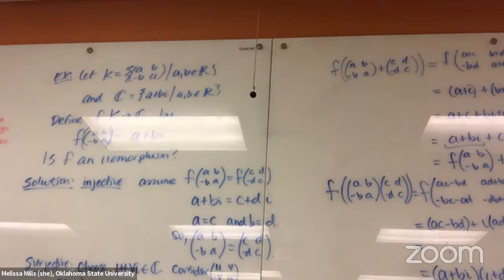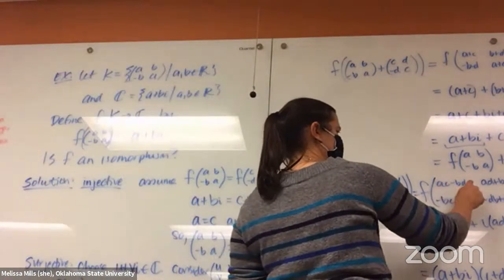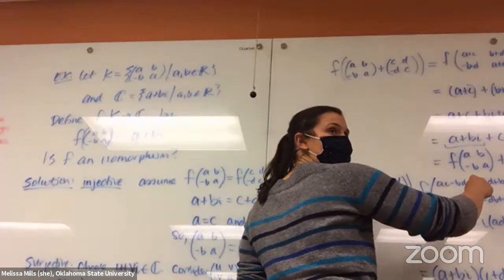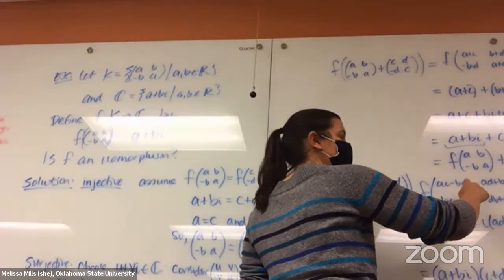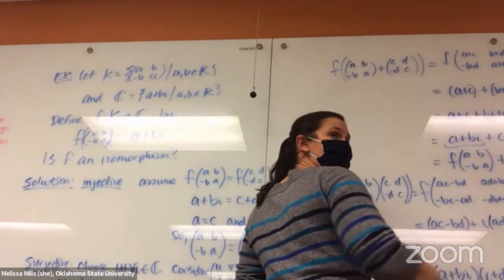Right. Yeah, I think that's a good question. I think what will happen is if you change the orders, it'll change the orders inside here, but you'll get the same, because it's commutative inside the real numbers, inside these entries.